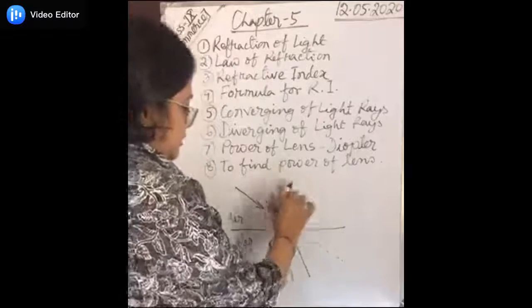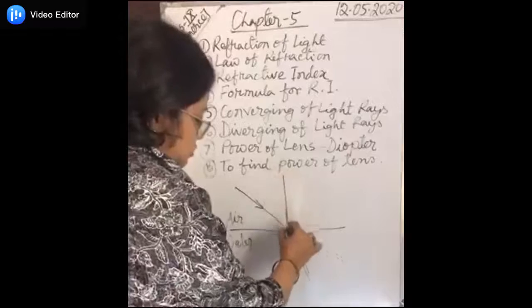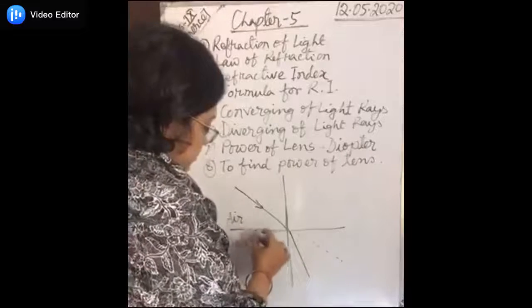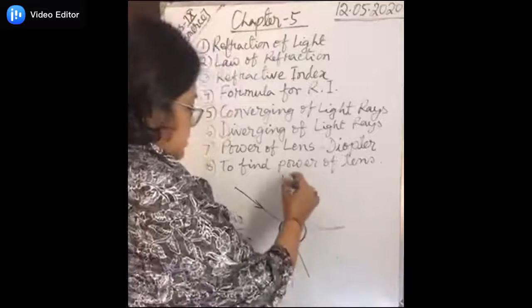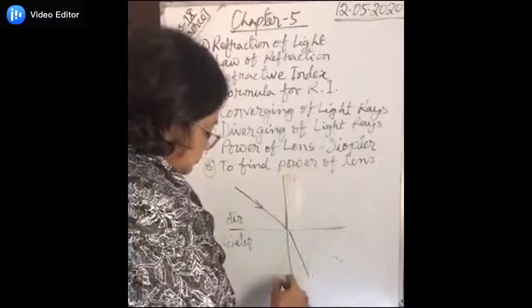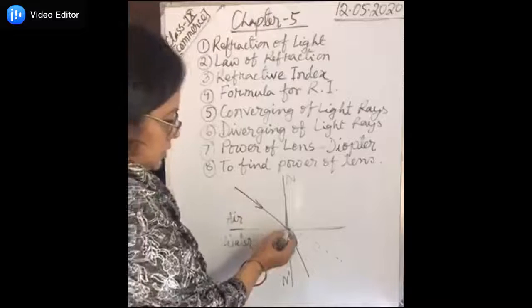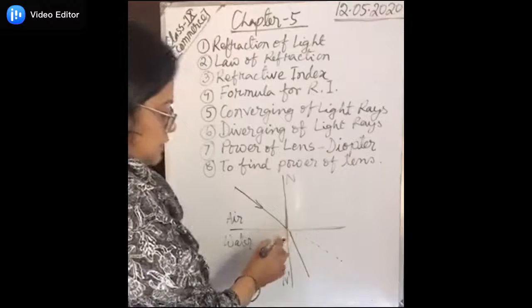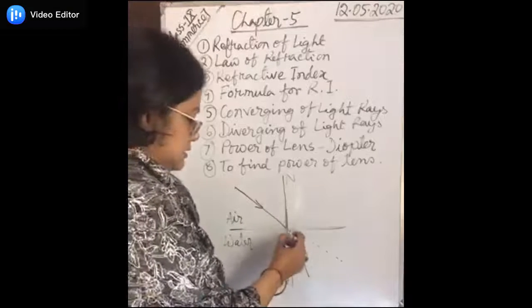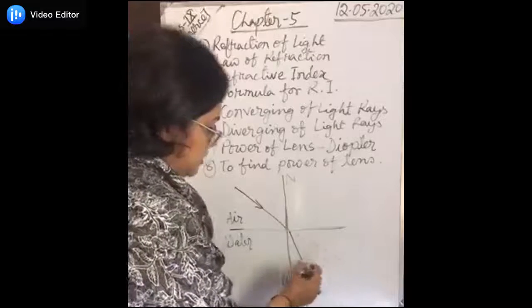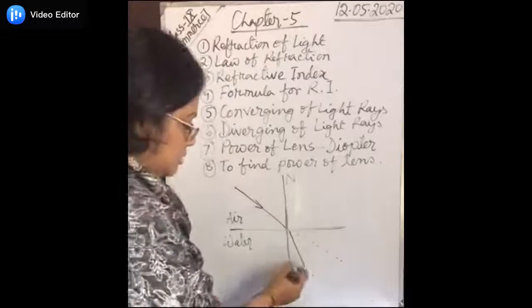And what is the normal? The perpendicular drawn on the line of separation. This is N. The incident ray falling on the line of separation at the point of incidence is refracting, and without going straight, it is bending towards the normal.